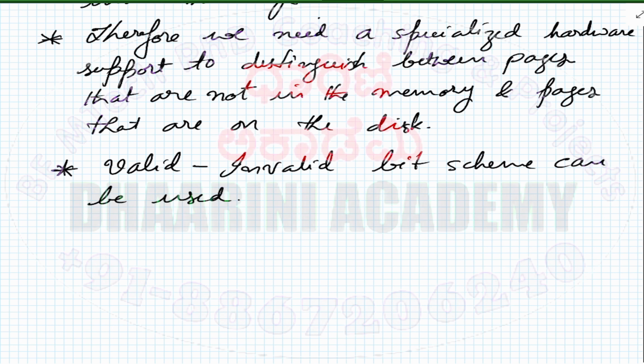We have to distinguish which pages are present in the main memory and which are present on the hard disk. Two things to be separated. With the data itself, you use a separate bit dedicated to identifying valid or invalid. Valid could mean it is present in the memory. Invalid means it's not present in the memory, it's present on the hard disk. Like that we can use it.